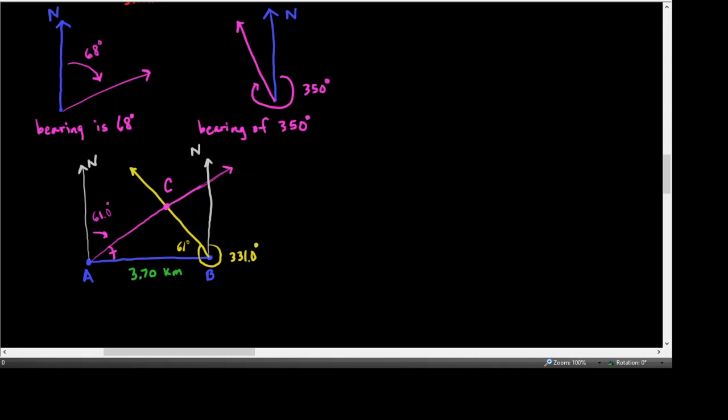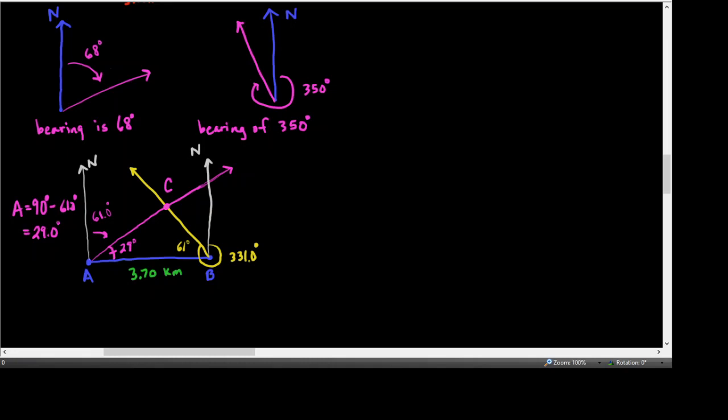Well, since due north and east-west are perpendicular to each other, the angle at A is the complement of 61 degrees. So A is going to be 90 minus 61 degrees, which is 29 degrees. So this is a 29-degree angle.